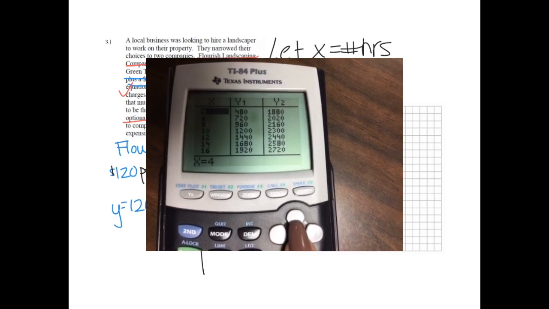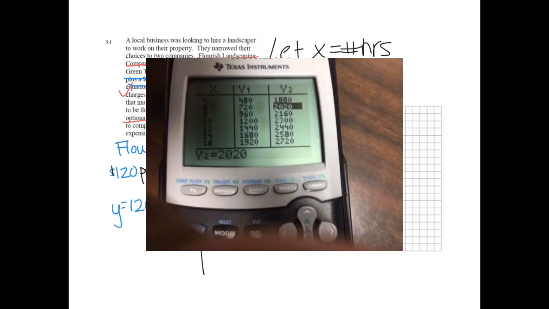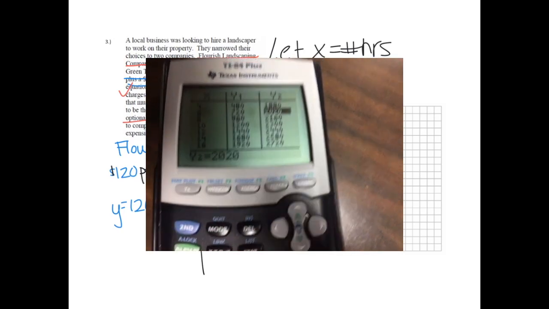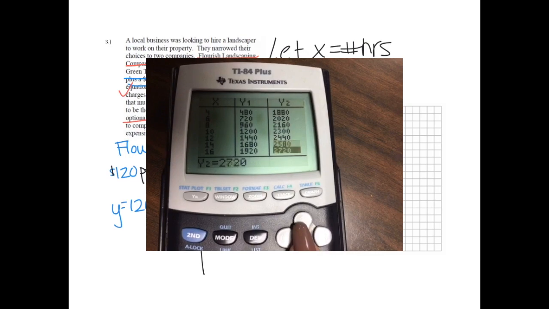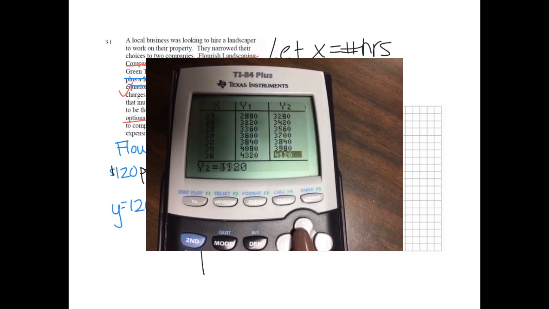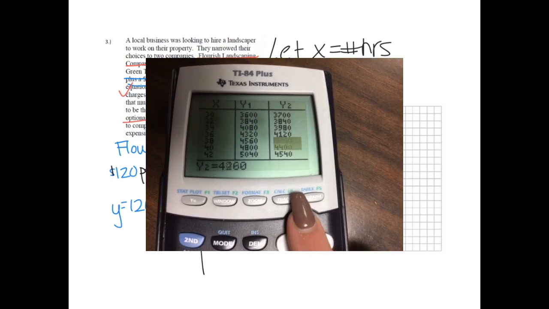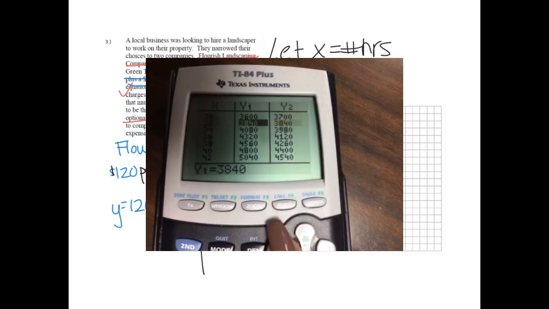So for 4 hours, it's 480 for one, 1880 for the other. So you're just gonna scroll through. Scroll through until you see where the Y values are equal. Okay, they're catching up to each other. I think we went past. Oh, here we are. Magically, I passed it.